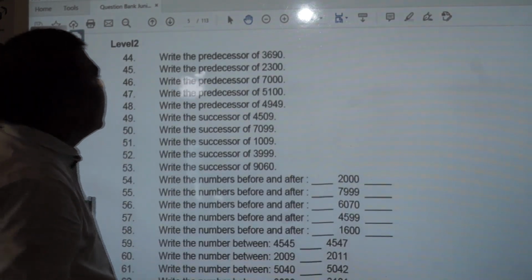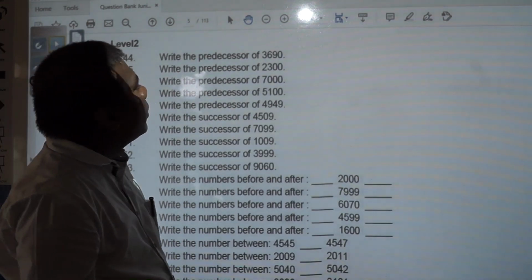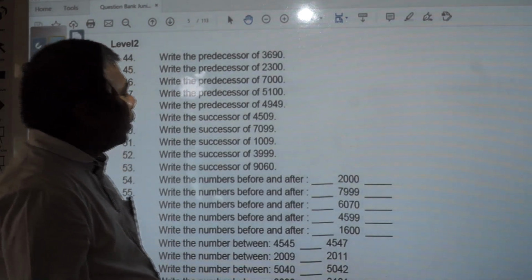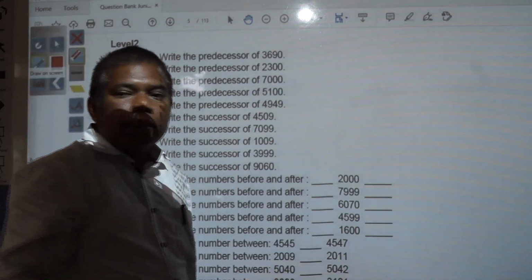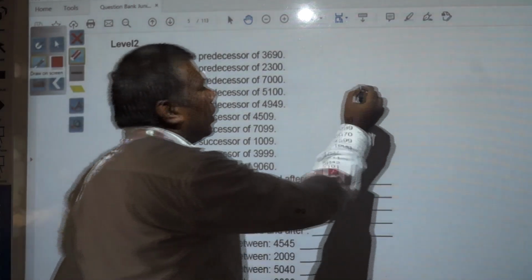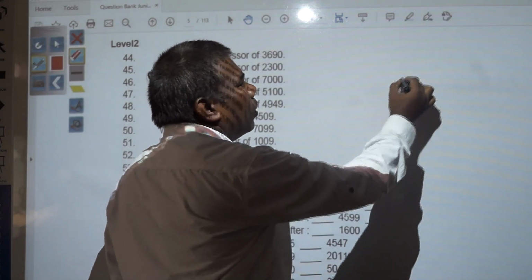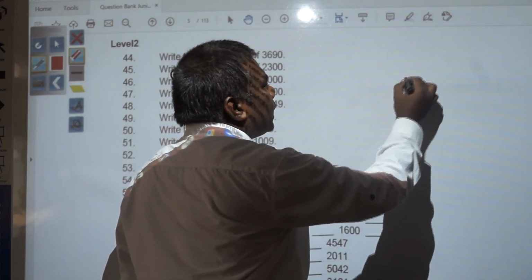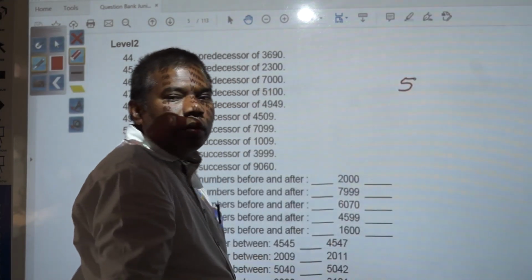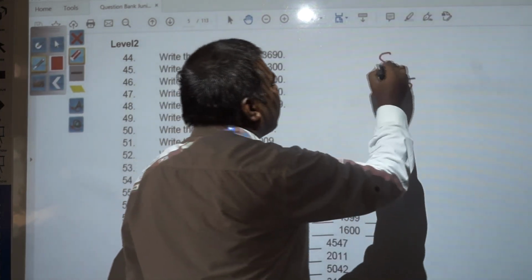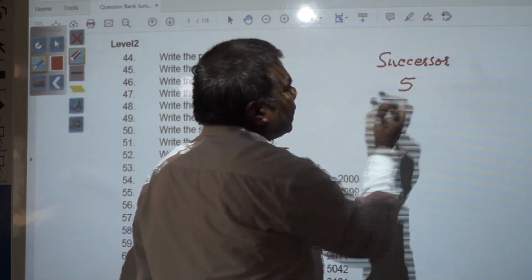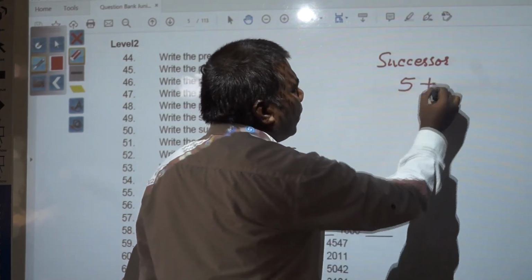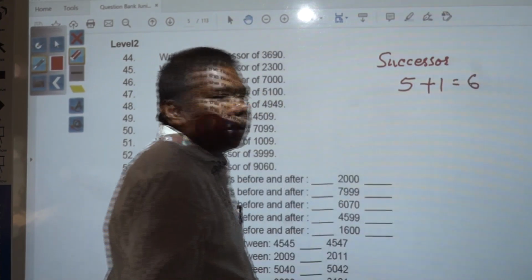Next you have: write the predecessor of 3690. One thing you need to learn, already you have done before, what is predecessor and what is successor. Suppose one example I am giving you: suppose you need to write the successor of 5. Successor of 5 will be 5 plus 1, which means 6.